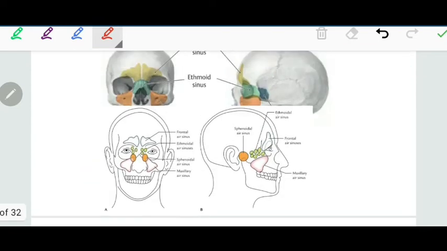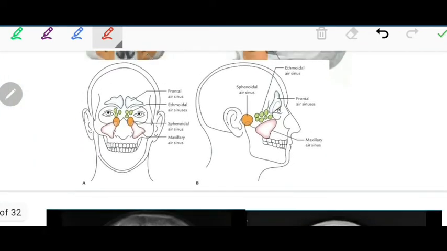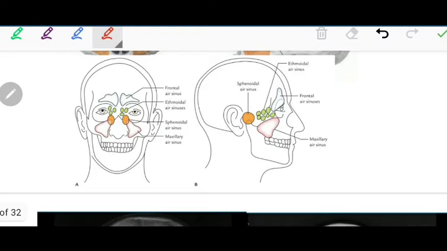Now I would like to discuss the classification of paranasal sinuses. Clinically, the sinuses are divided into two main groups. The first one is the anterior group, the second one is the posterior group.